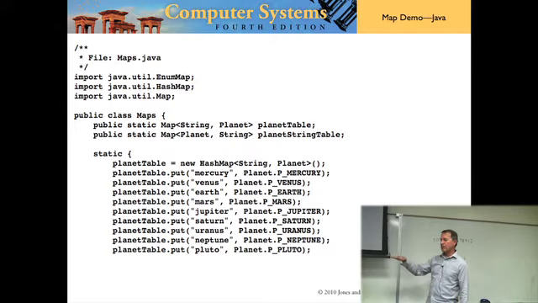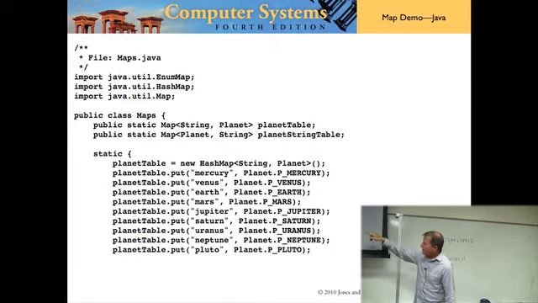These are the initialization statements that happen once to get everything set up the way we want it. Actually, what we have to do is populate both of these maps. First we'll do planet table. That's a static statement, executes once at the beginning. So planet table gets new a hash map. A hash map is a particular kind of map in Java.